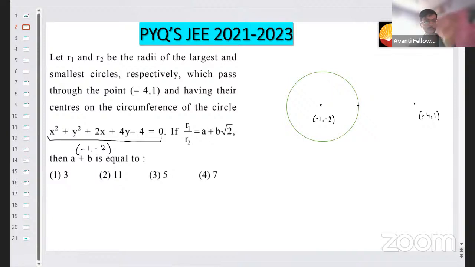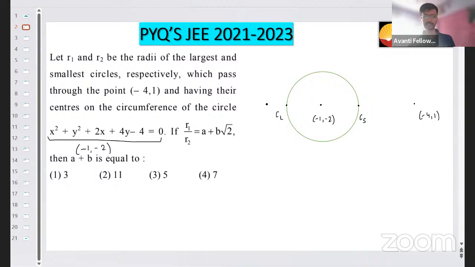If the circle is the smallest circle, then its center will be here. So let's say this is C, the smallest circle. And if the circle is the largest, then its center will be here. So C, L. I hope you are getting it.